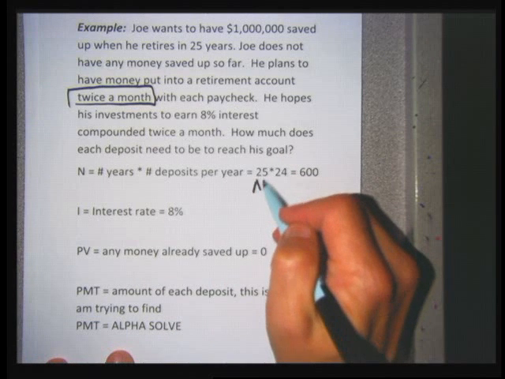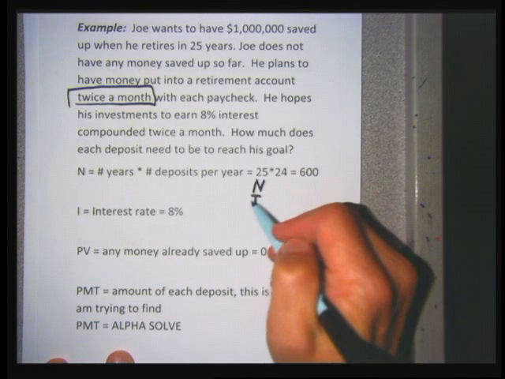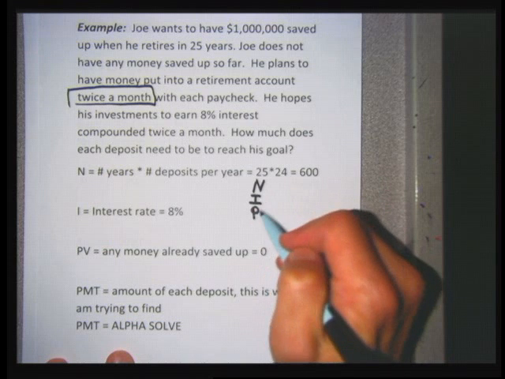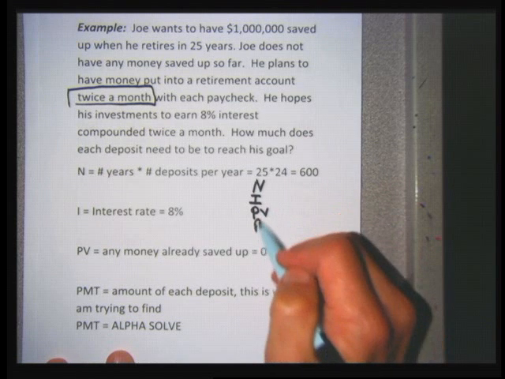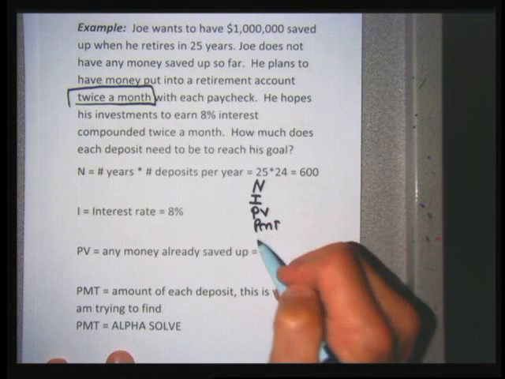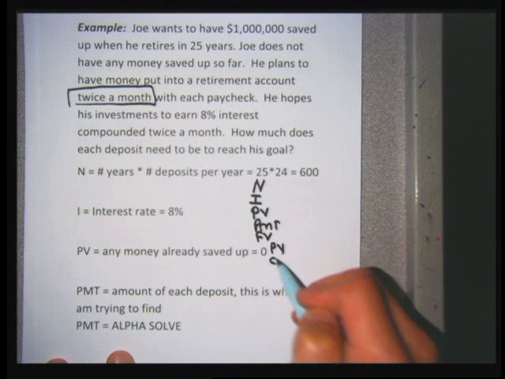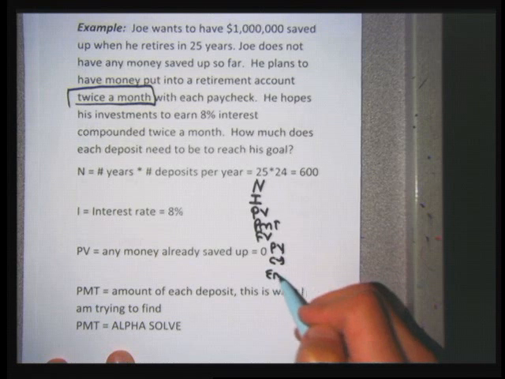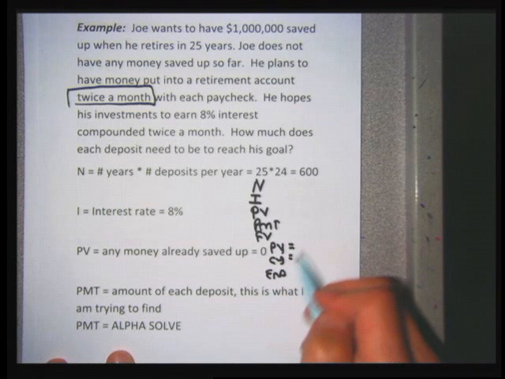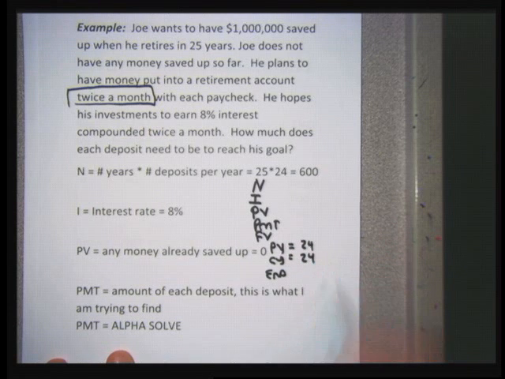So we have an N, an I, a PV, payment, future value, PY, CY, and end. And in this problem, because Joe gets paid twice a month, the PY and the CY are 24.